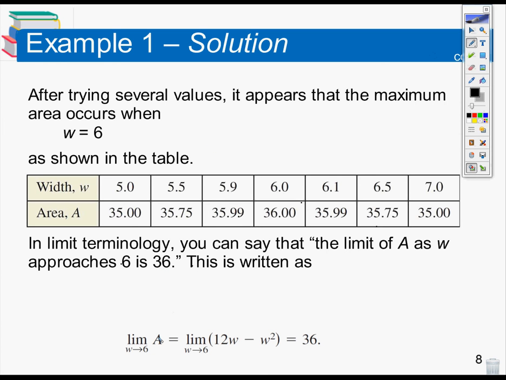The limit of the area function as w approaches 6 is 36, and then instead of just having area, I can substitute what the actual function is: the limit of 12w minus w squared as w approaches 6 is 36. So that's how we say it. What do all these little symbols mean?